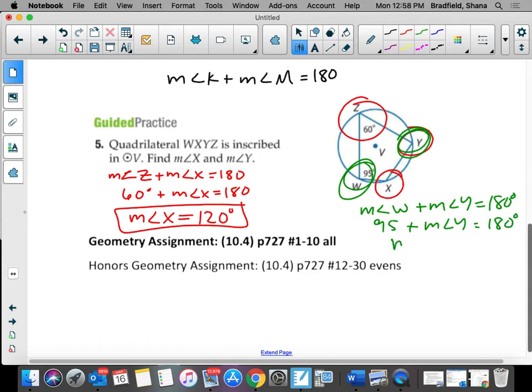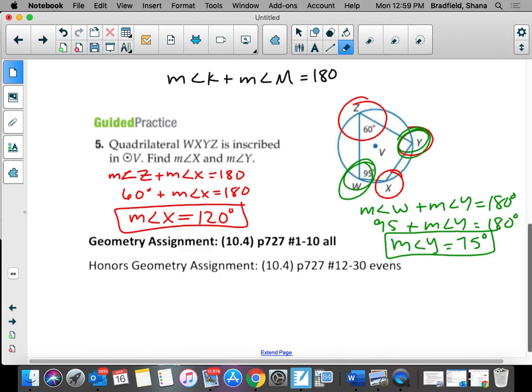And then if I subtract 95, the measure of angle Y would be 75 degrees. Just kidding. How about 85 degrees? 85 degrees.